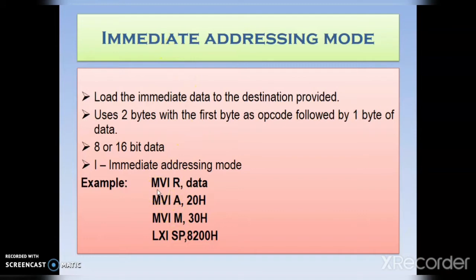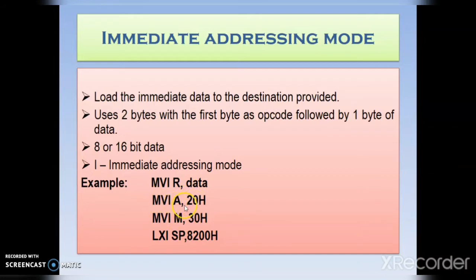Let me explain the examples one by one. In immediate addressing mode, MVI R, data is the basic example. Here the data represents either 8-bit or 16-bit, and R represents either a register or a memory location. These are some examples for immediate addressing mode.